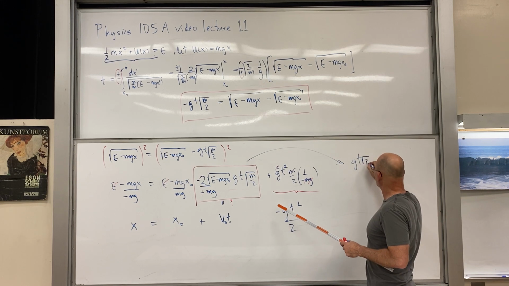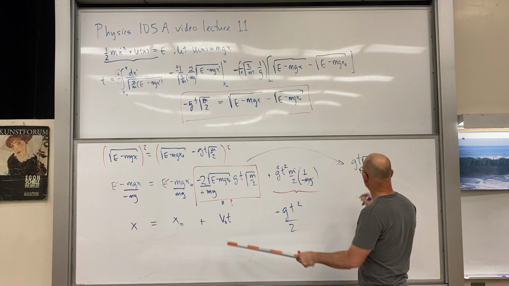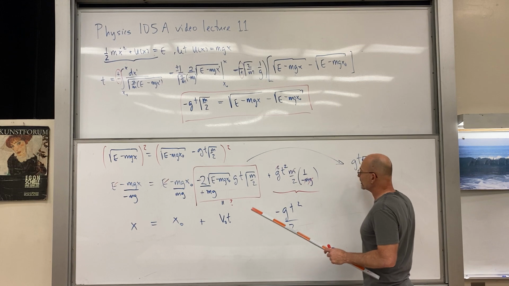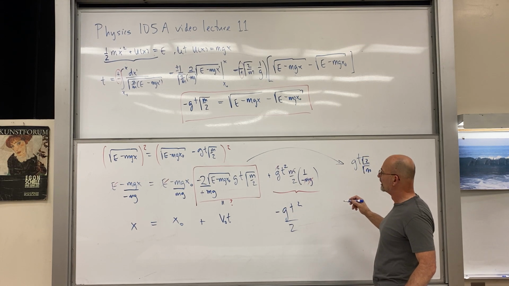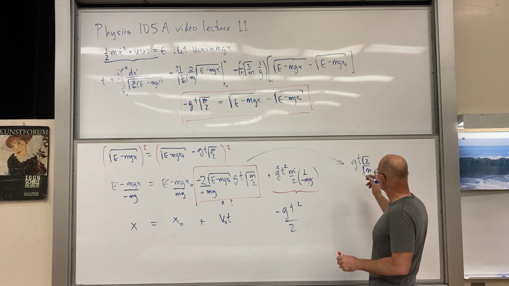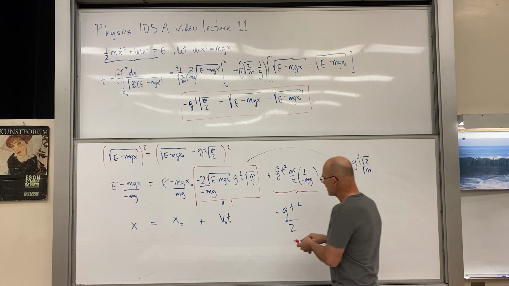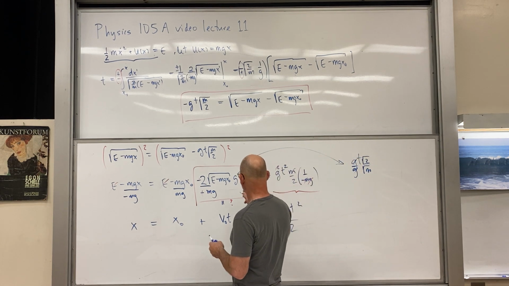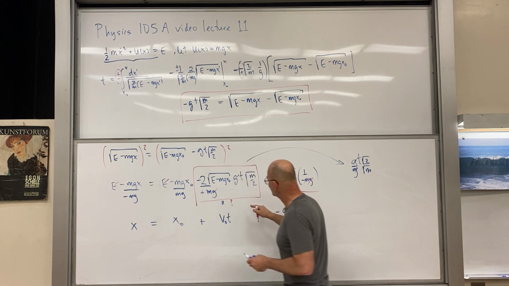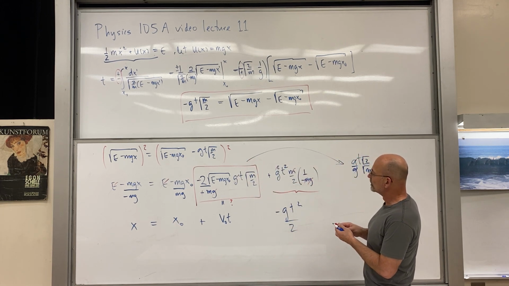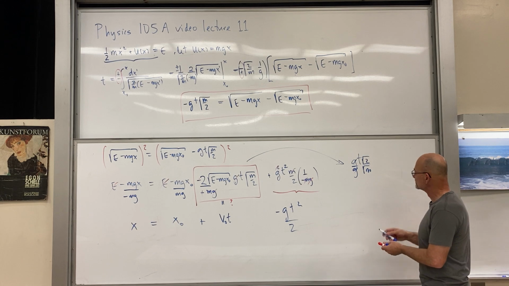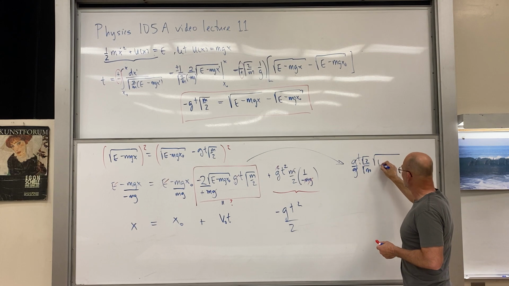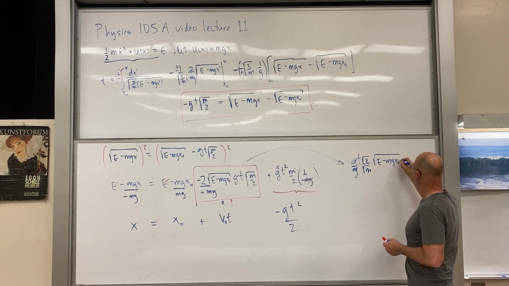So we've got the root 2, m over m, we've got the root m, 2 over root 2. And we have a g right here as well. Actually, the g canceled. Okay, so let's work on this here. We have g was gone, root 2 over m. Good. So we got the t there, root E minus mg x0.